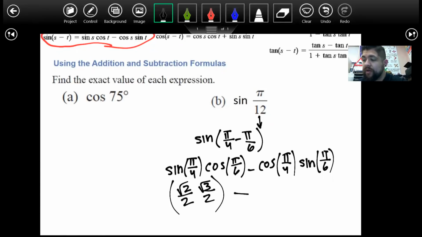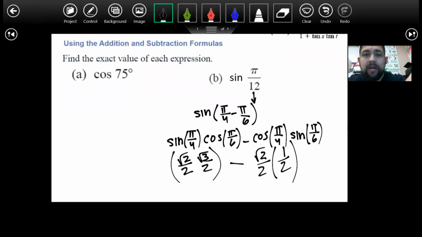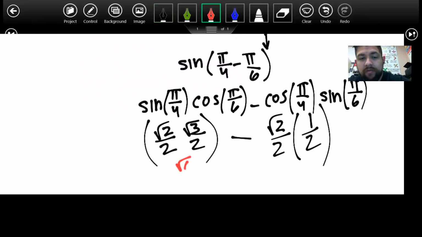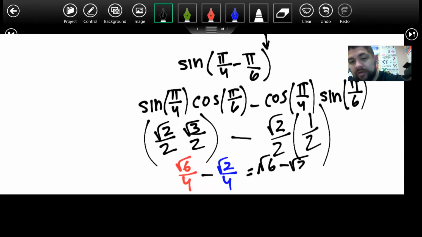Cosine of pi over 4 is going to give me rad 2 over 2. And sine of pi over 6 is going to give me 1/2. And again, all I'm doing is reducing down and simplifying. Kind of zooming in on this, we're going to get rad 6 over 4, subtracting rad 2 over 4. And we can reduce this down again: rad 6 minus rad 2 all over 4.